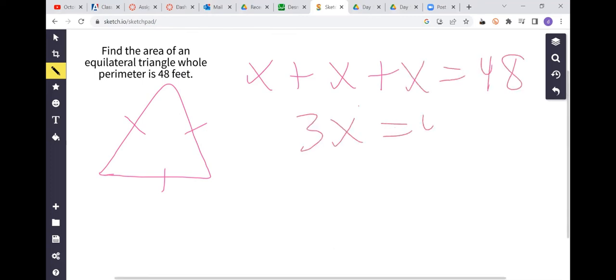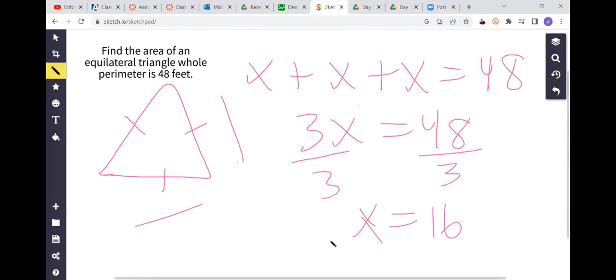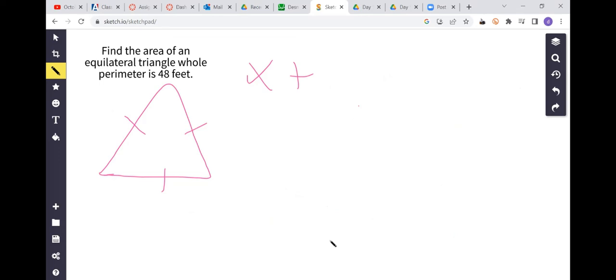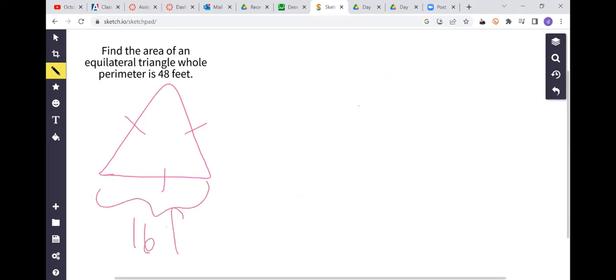That's 3 of the same number, which is 48. So split it 3 ways, and that means each edge is 16 feet. We've just discovered that the perimeter divided by 3 tells us that each leg is 16 feet.